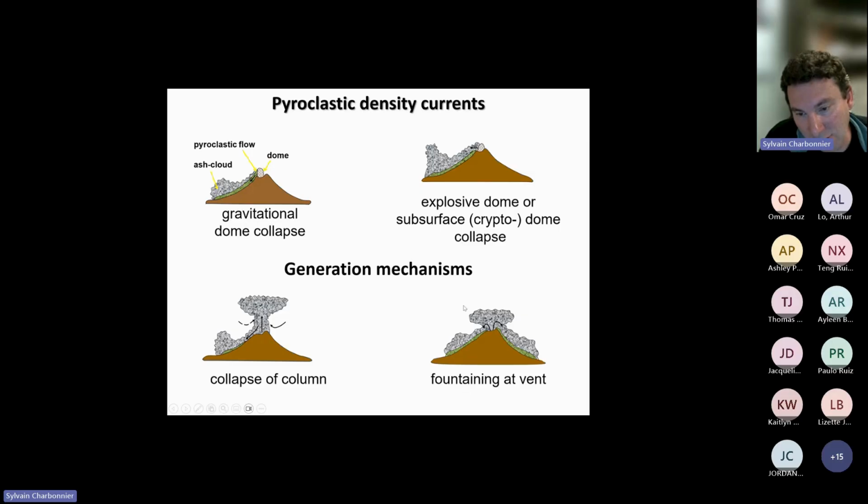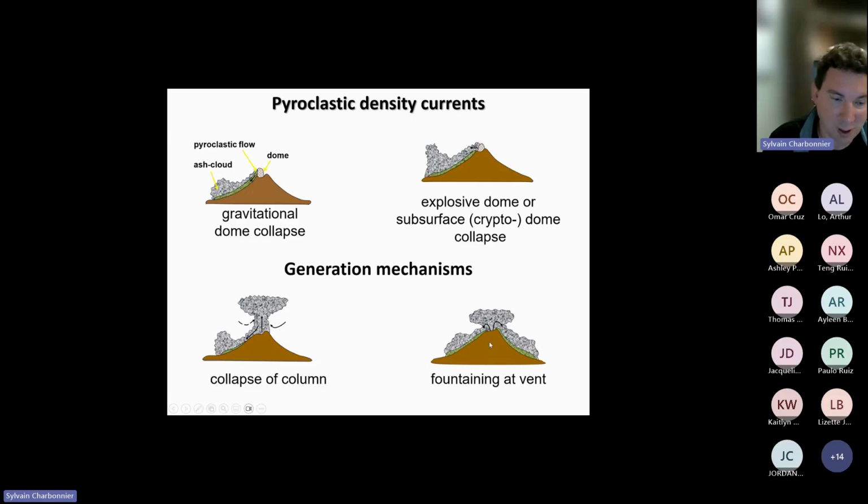And the last type of generation mechanism is the fountaining at the vent. So it's more like a boiling over, right? When you don't really have a column or plume generated by the eruption, but it's mostly passive degassing and explosions of low energy that are going to create some fountaining with some gas and pyroclasts that is going to go over the crater rim and generate pyroclastic density currents.